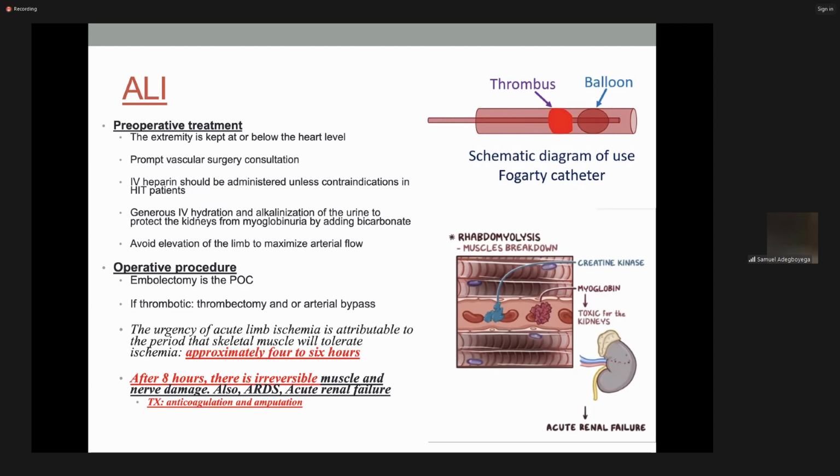But gas gangrene pretty much affects the muscles. Gas gangrene is also called myonecrosis. So when you have myonecrosis, guess what happens to the muscle? It breaks down or dies. It dies and it forms rhabdomyolysis, right?